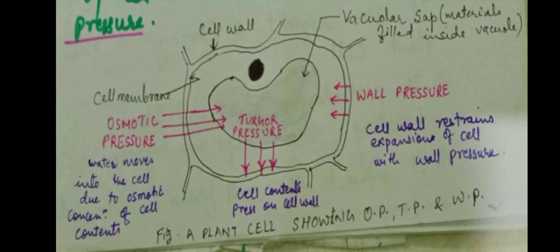Turgor pressure, that is the cell contents pushing pressure on the cell wall, and the wall pressure, where cell wall restrains expansion of the cell. OP stands for osmotic pressure, TP for Turgor pressure, and WP stands for wall pressure.